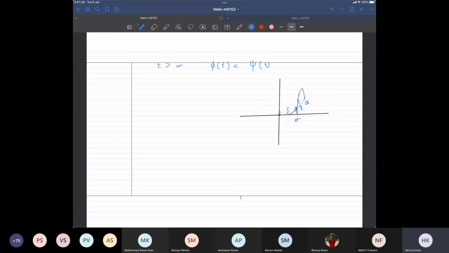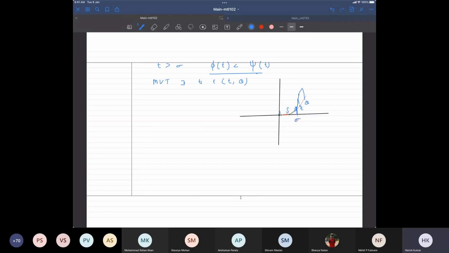So that means this will hold here. Then by the mean value theorem, because this holds here and at sigma they both were equal, there exists t1 in t comma theta.